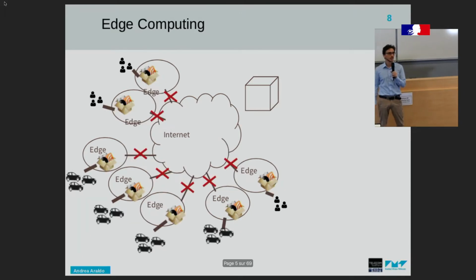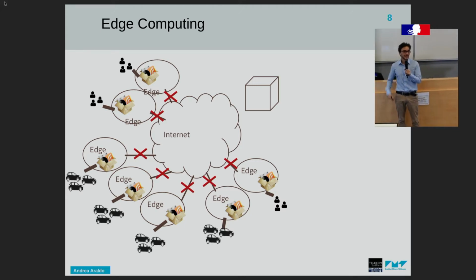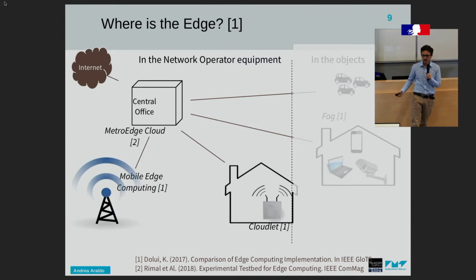And edge computing is pushing this concept even farther, deploying services at the edge, so very close to the users. What is the edge? Edge nodes could be a central office of a network operator or a base station, or even an access point in the households.